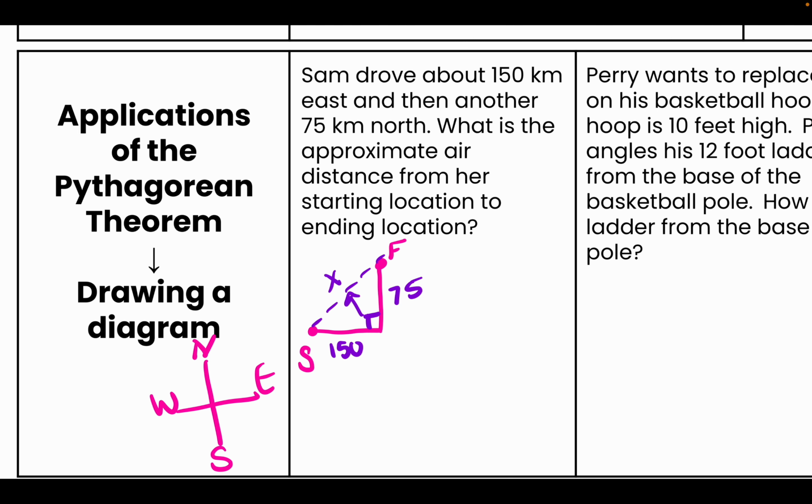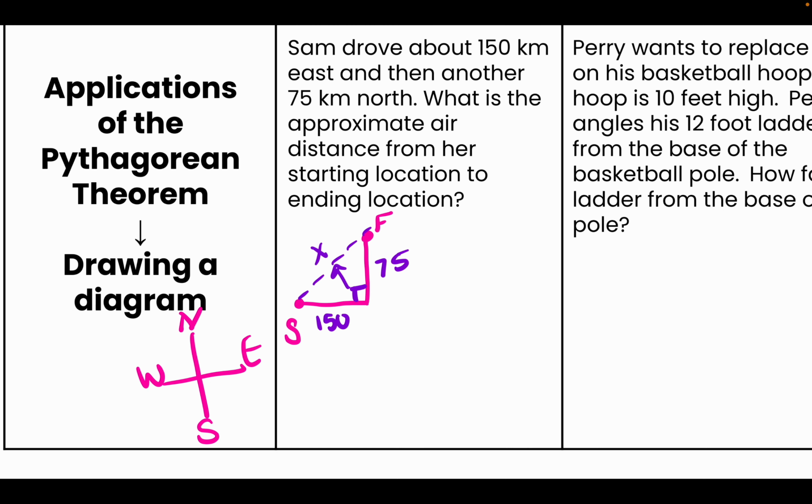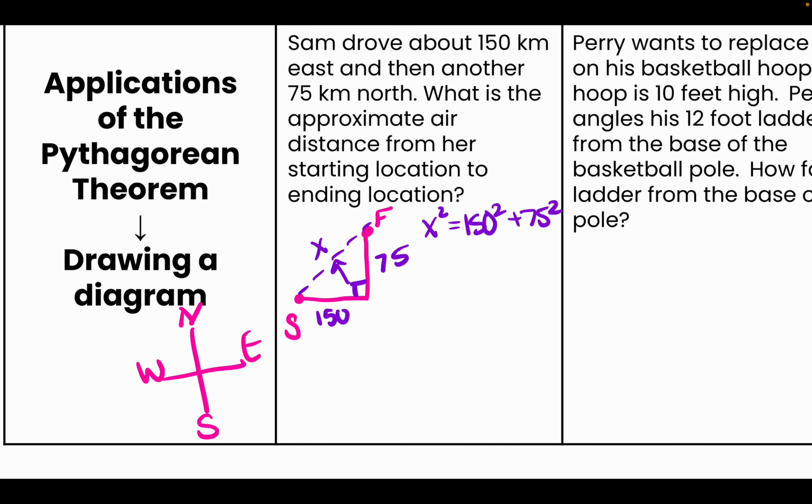So we know that x squared is equal to 150 squared plus 75 squared. I'm going to put that in my calculator.